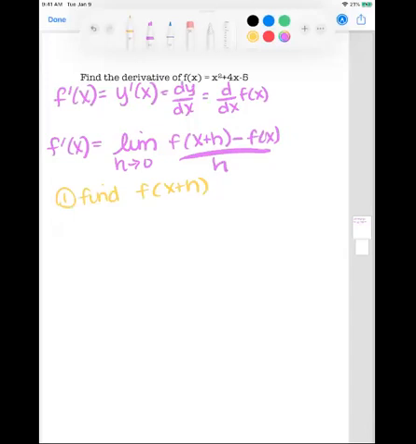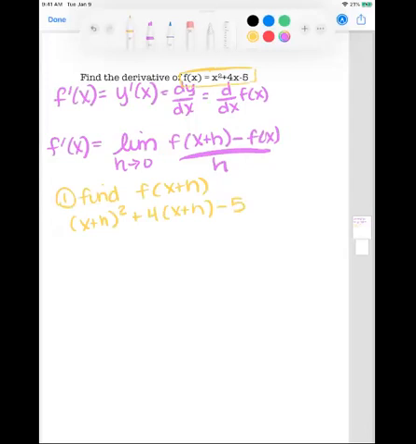So our function is up here, x squared plus 4x minus 5. Essentially every time that we have an x, we are going to substitute x plus h in. So I have x plus h squared plus 4 times x plus h minus 5.